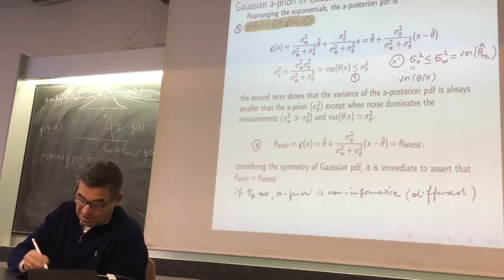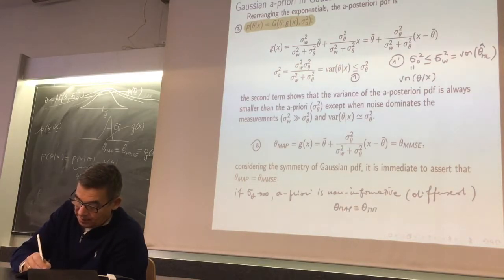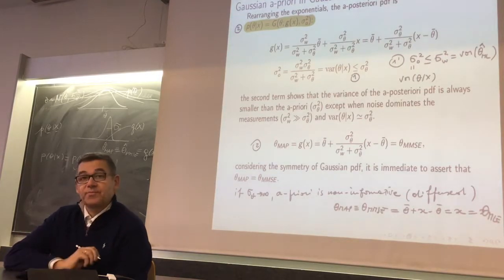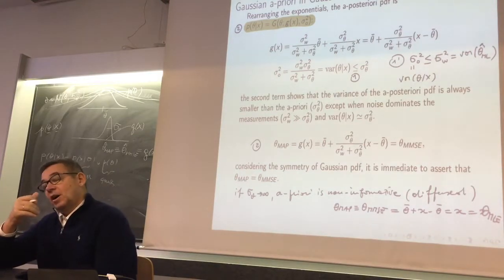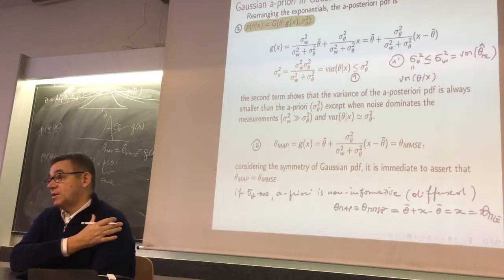It comes out in this case that theta MAP, which we know coincides with theta MMSE, is equal to theta naught plus x minus theta naught, which means that it is x, which is theta maximum likelihood. So if the a priori is non-informative, my estimate reduces to the maximum likelihood estimate.